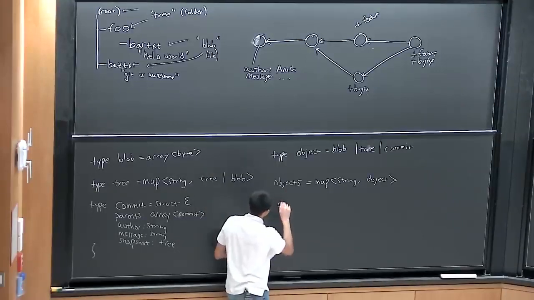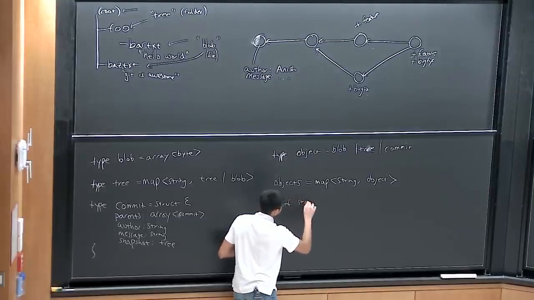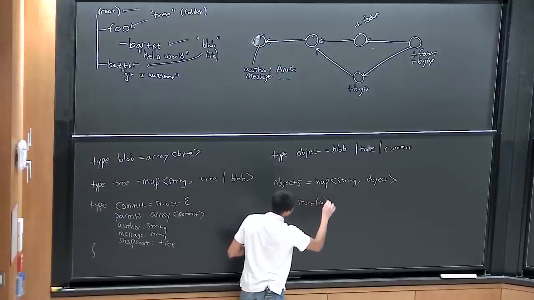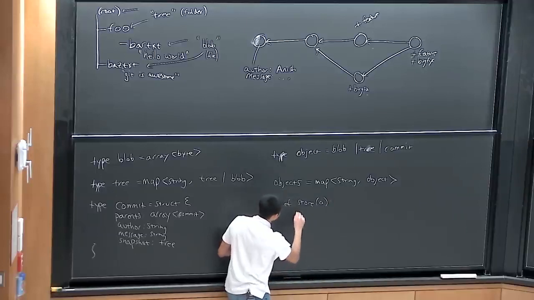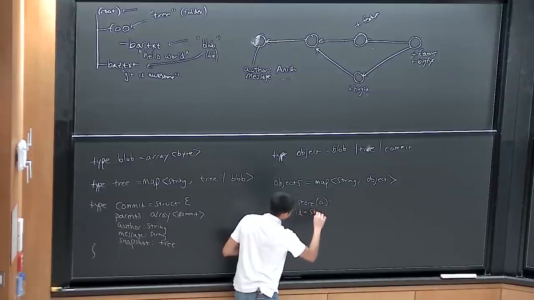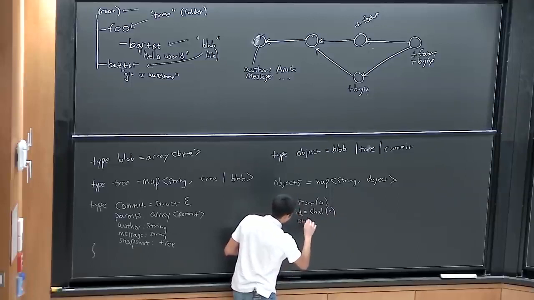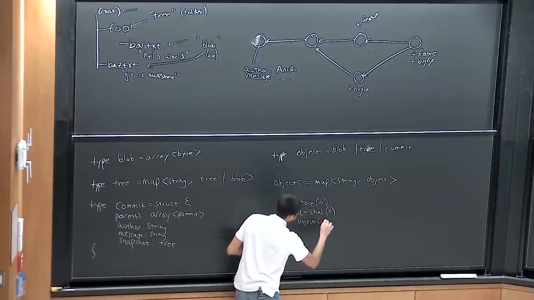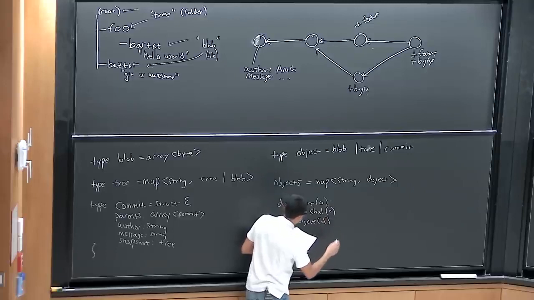So in pseudocode, to store a particular object O, I compute its ID by taking the SHA-1 hash of O, and then I put it into my objects map, and store it to disk.